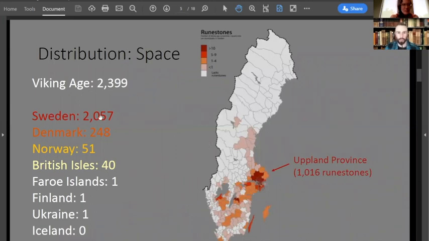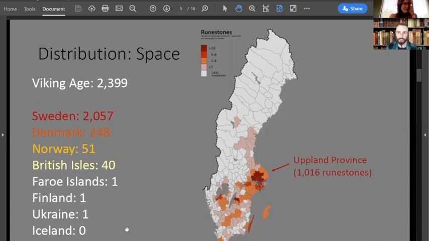So you see most of them are in Sweden, and actually most of them are in eastern Sweden. And so the further west you go, Denmark has only 248, Norway has only 51. So it seems like the further west you go, the less common it is. So for whatever reason, I think it has something to do with that.